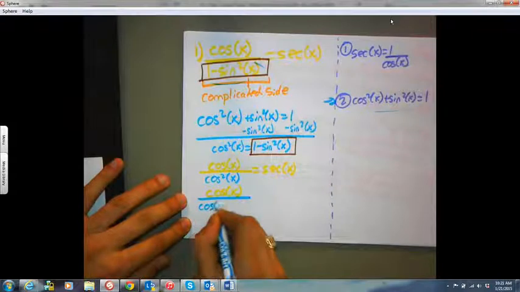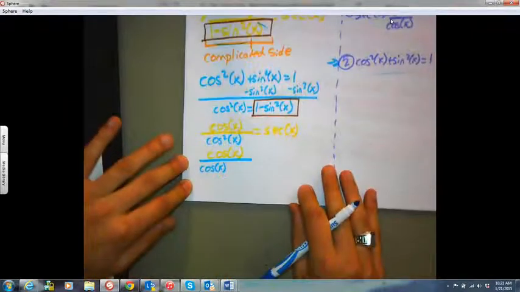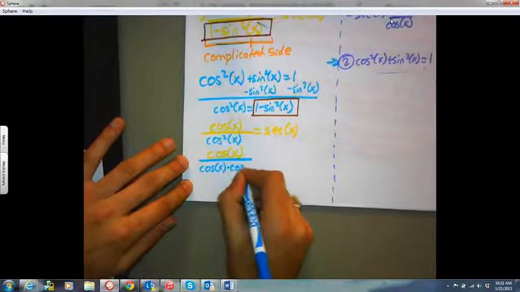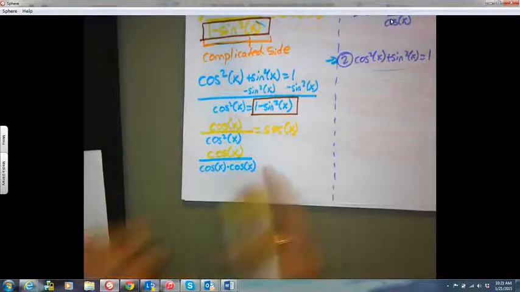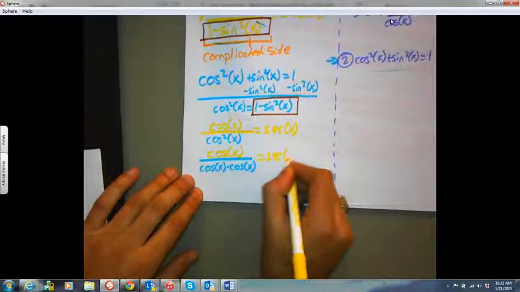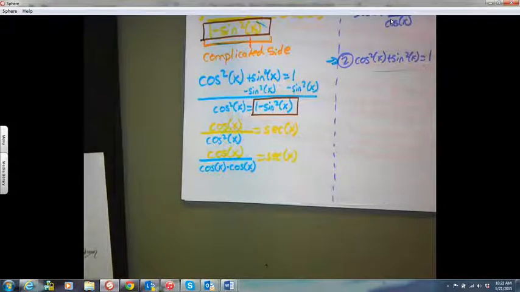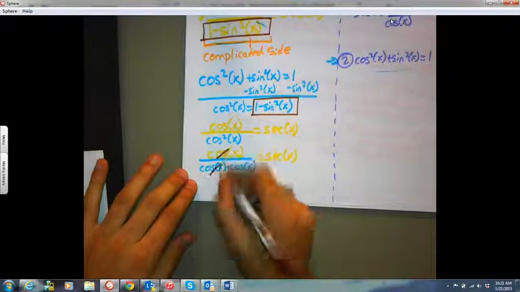And George, say again. Yeah, one of these is going to cancel out. You pick which one, it doesn't matter, on the bottom. And upstairs you have a 1 left. Downstairs you have a cos x left.